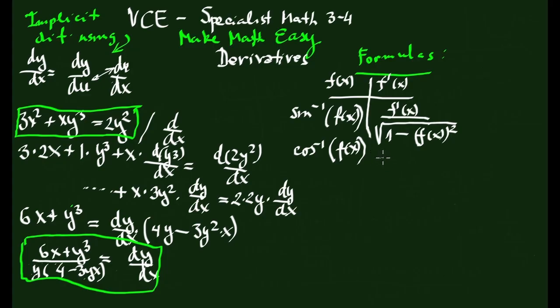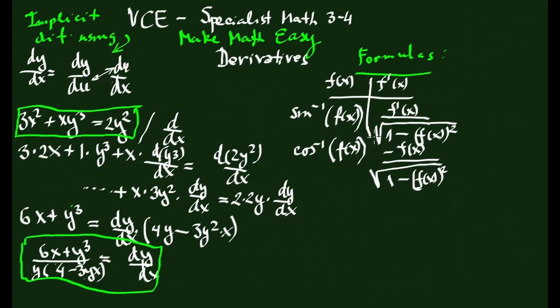We have f prime of x, with a minus in front, because before, remember, it was minus 1 up there, and under the line we got the square root of 1 minus, the same thing, f of x on the power of 2.